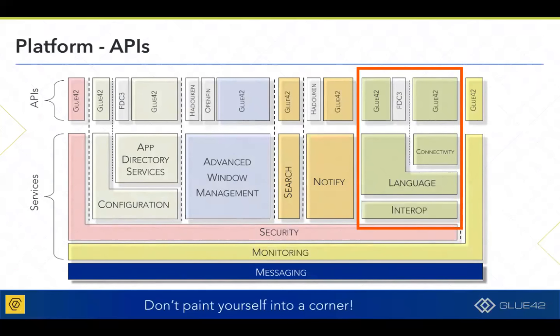Anyway, part of a good architecture is that you can pick and choose which features you want to consume from that toolkit. So if you're already fairly well along with interop using something like OpenFin, then that's fine.